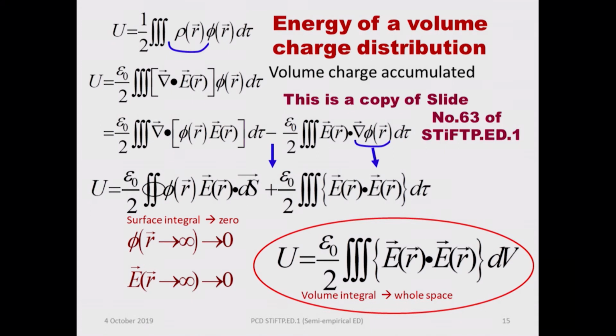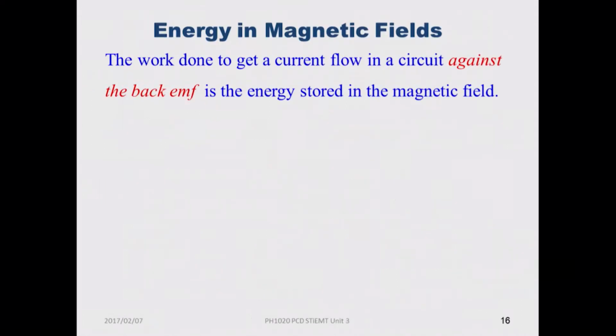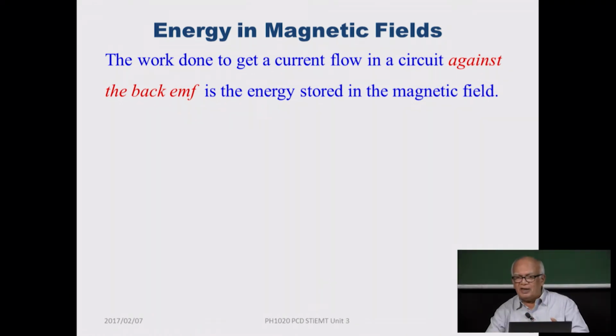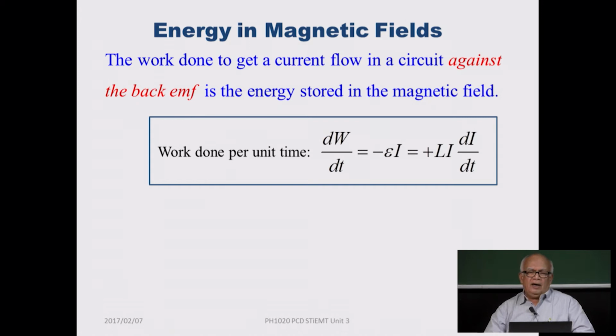So, that is the density. When you integrate it over the whole volume, you get the total energy in the electric field. Okay? So, there is a similar expression for energy in the magnetic field that you can get using the same kind of analysis, and you can then determine the work done per unit time.